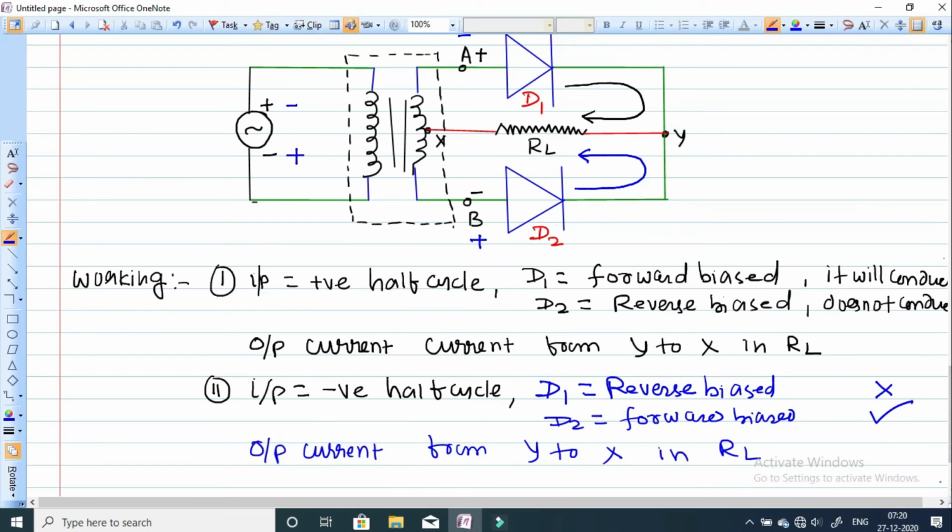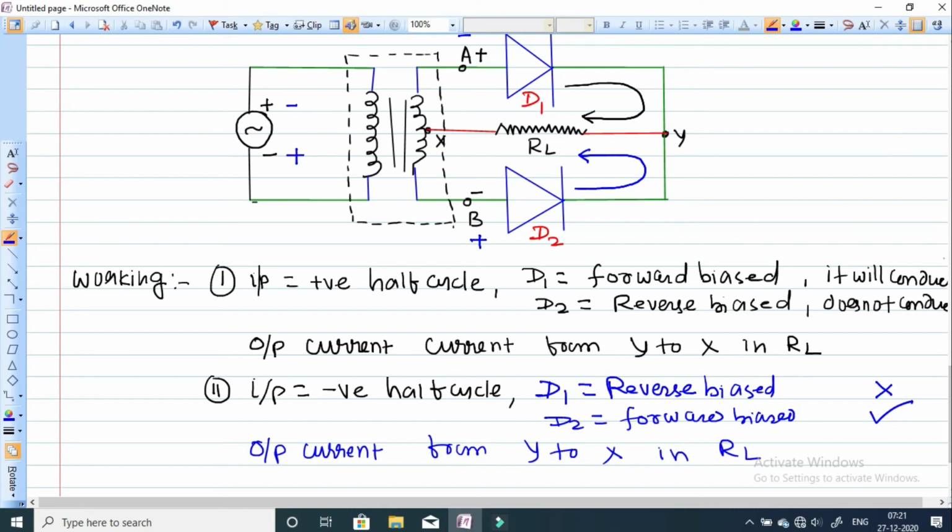Similarly, the process will continue and we will get the output in every cycle of input AC in a fixed direction. Now we will get the current from Y to X. So this is the working of the full wave rectifier.